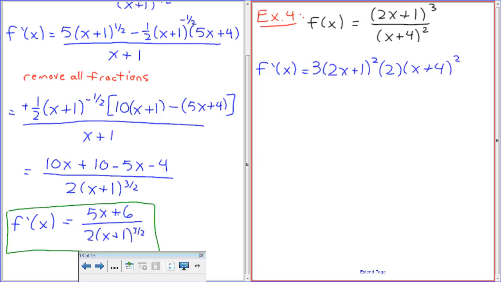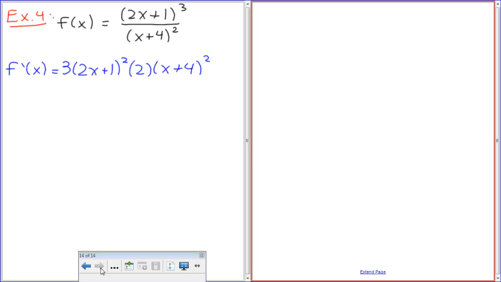So that's the chain rule for the first half. Can I get another person to give me the... You multiply the 3 and the 2? Yeah. If you want to do it in one step, you can. All right, Brian, go ahead, please. Minus 2 bracket x plus 4 bracket x plus 1. Good.